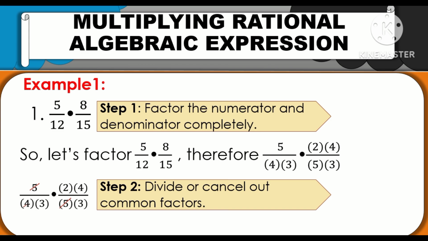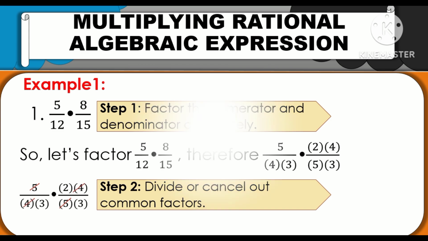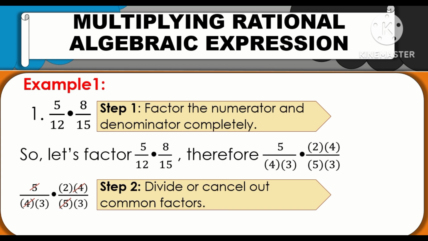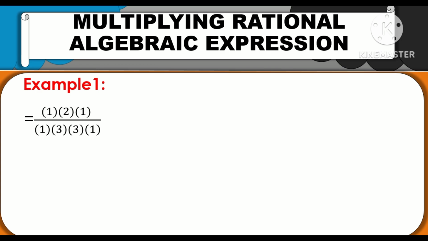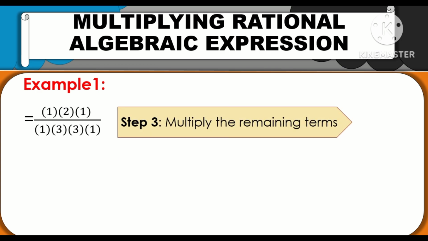Cancel 5 and 5, 4 and 4. Then what remains is 1 times 2 times 1 over 1 times 3 times 3 times 1. We will multiply the remaining terms. Then our answer will become 2/9.